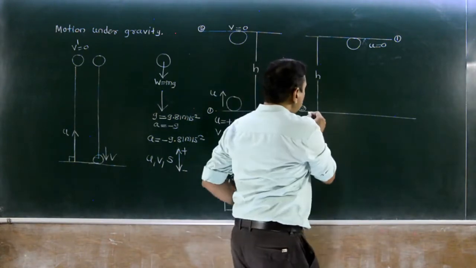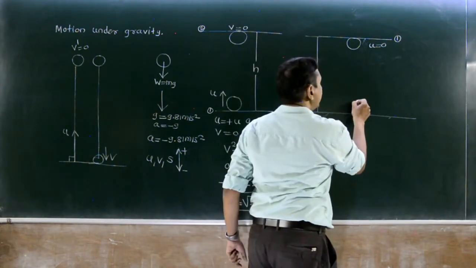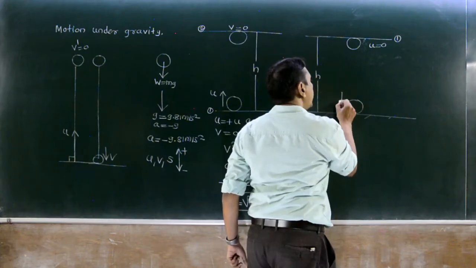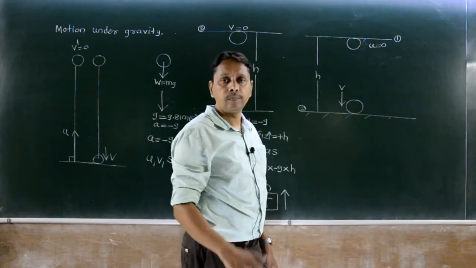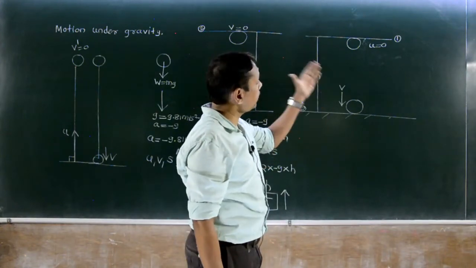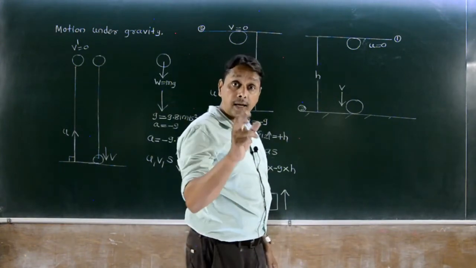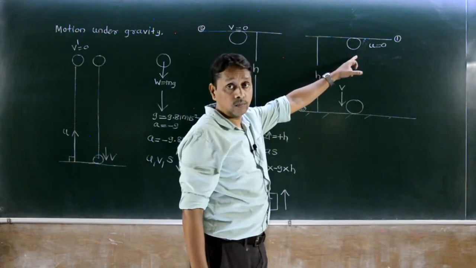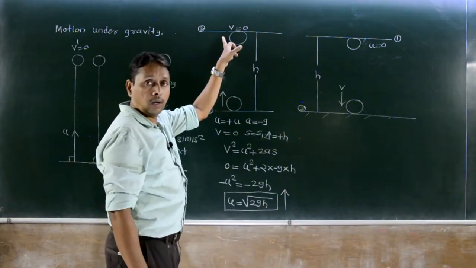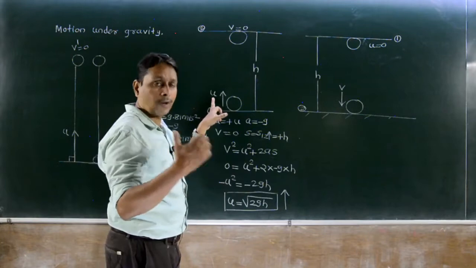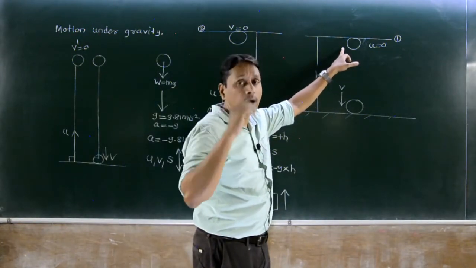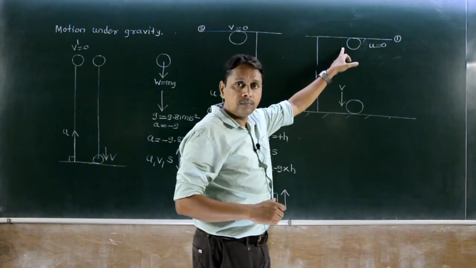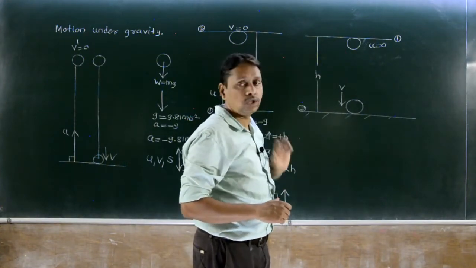But when it strikes the ground, it will strike with velocity v, and for that we want an expression for this velocity v. Here again the initial velocity is 0. Just like there the final velocity was 0 and we derived the expression for initial velocity, here the initial velocity is 0 and we want the velocity with which it strikes the ground. Is it clear?